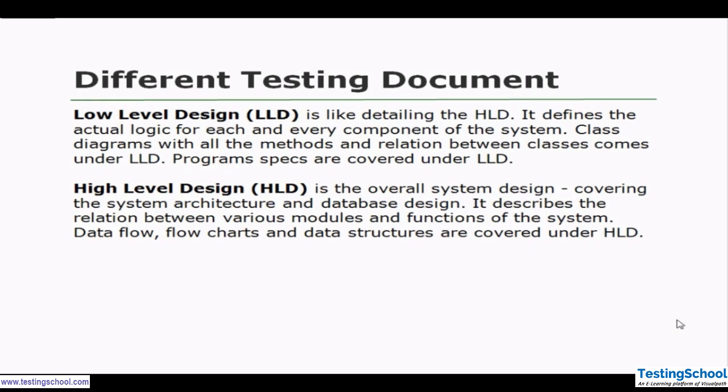The class diagram with all the methods and the relation between classes comes under LLD. Program specification is also covered under the LLD document. Then we have the HLD document, the high level design document. It is the overall system design document. It covers the system architecture and the database design.